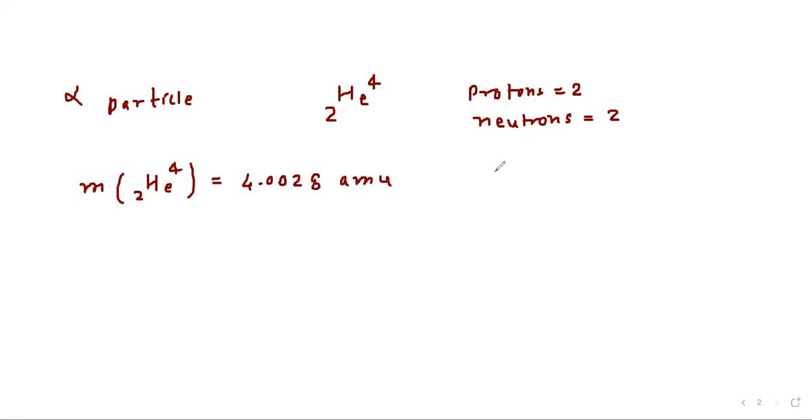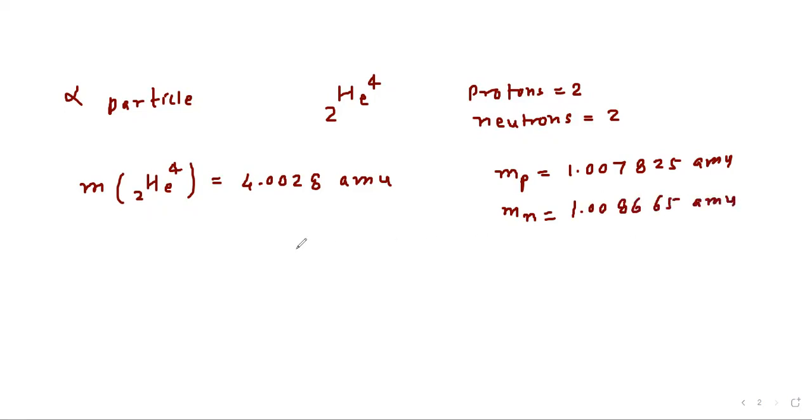The mass of a proton is given as 1.00785 AMU, and the mass of a neutron is 1.00866 AMU. Now suppose we have to find out first the mass defect, then the binding energy per nucleon.